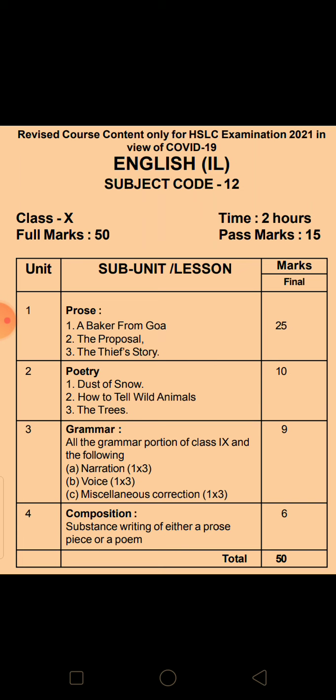You need to read the text of the poetry and write the substance of what you understand, what the prose or the poem is telling you.